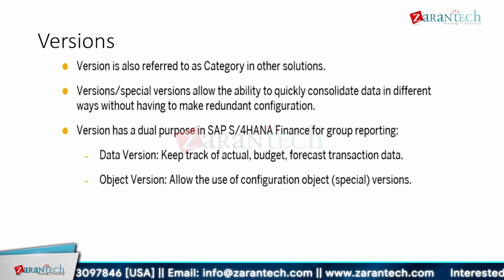For example, I have taken data and I want to do a currency translation at a specific rate. I set up a special version. With respect to the special version, I do configuration and I link that special version to my data version. That means in the version concept, as I said, you may have consolidation, unit attribute, group. There are multiple special versions we set up there.